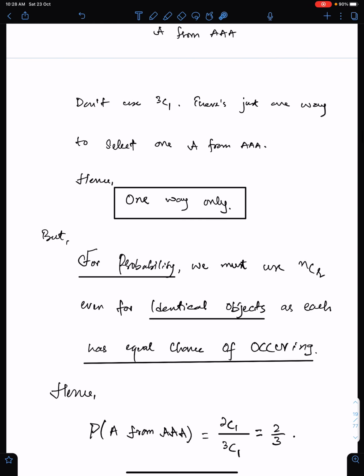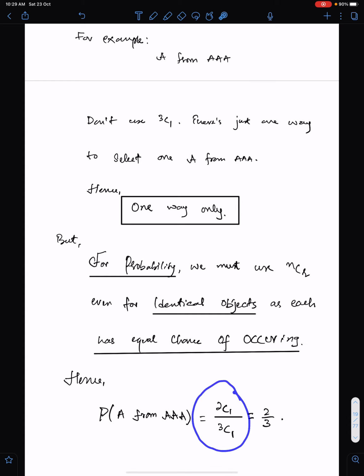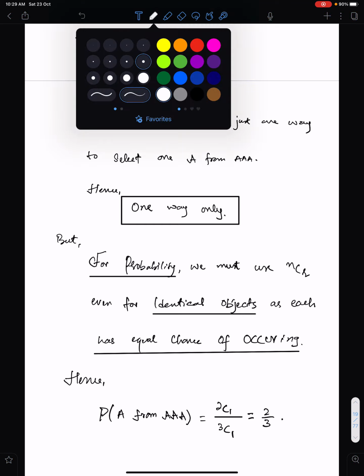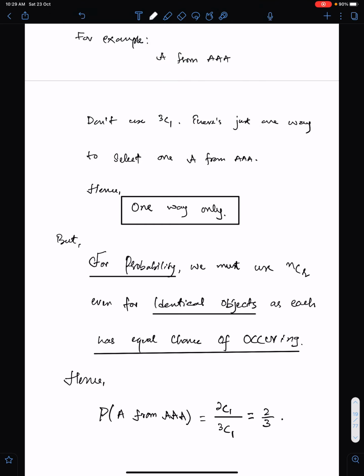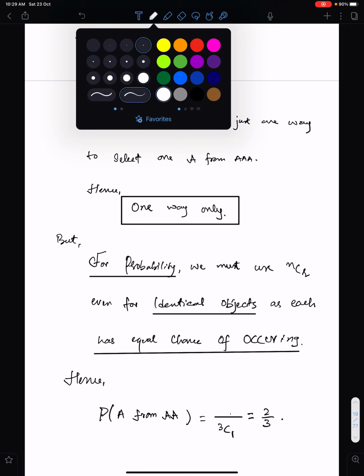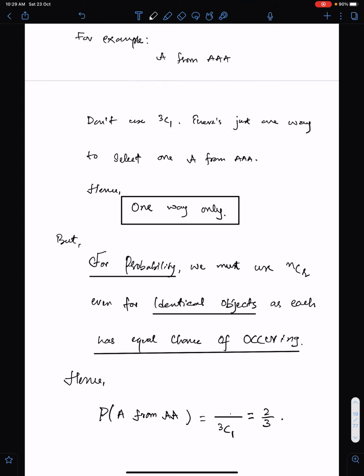But for probability, we use it like this. 1A means 1C1. Or let me change this example. One A from these 3 letters. So we need to write 2C1.